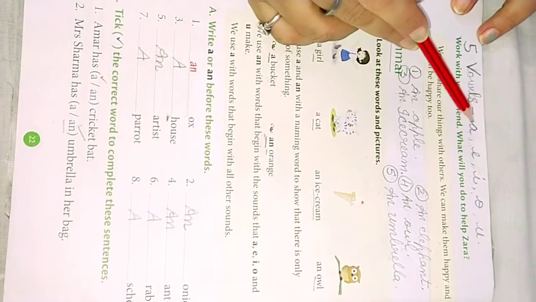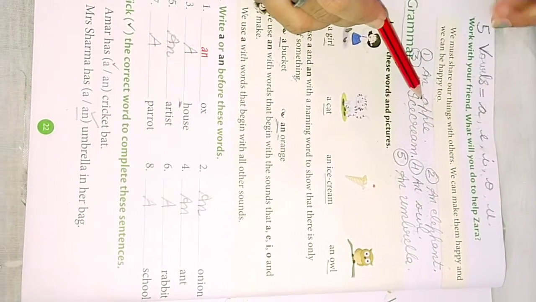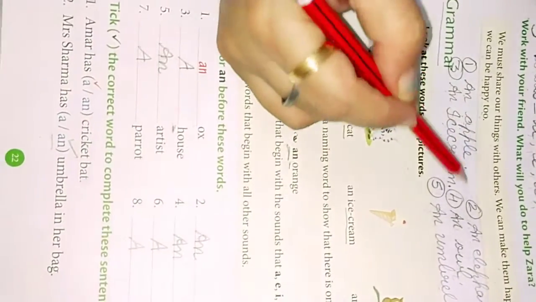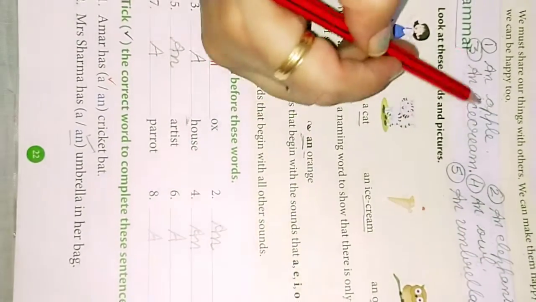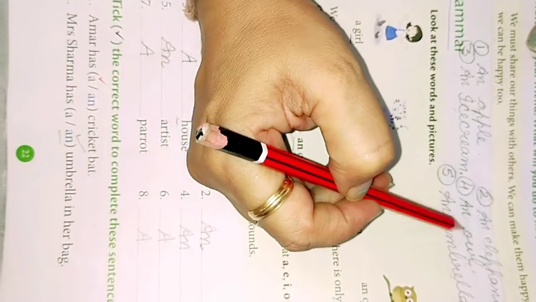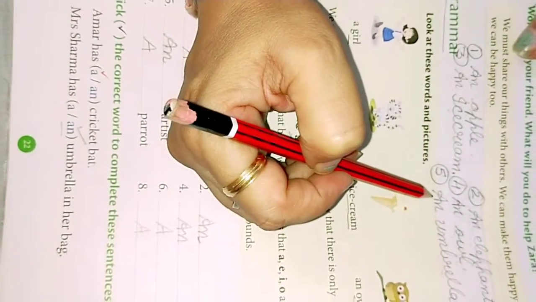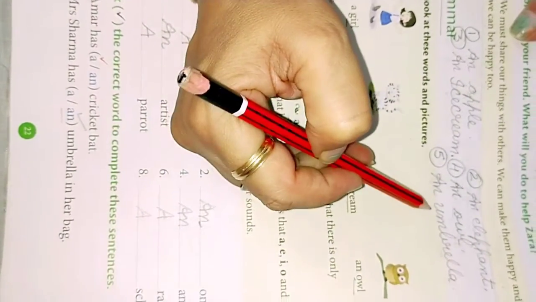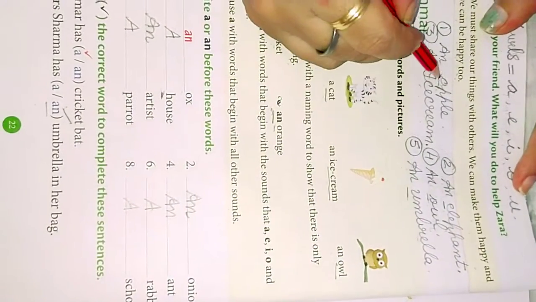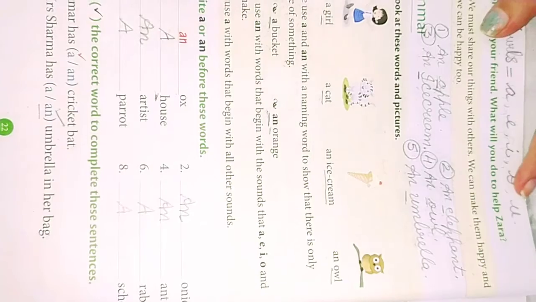Now words using these vowels. With A you write an apple, with E an elephant, with I an ice cream, O an owl, U an umbrella. So all these are the vowel words. That is why an is used with them.